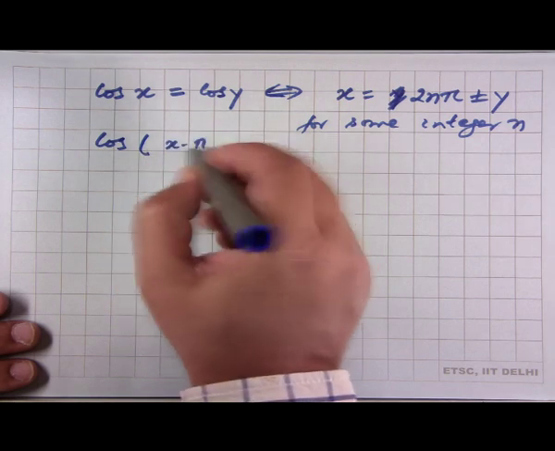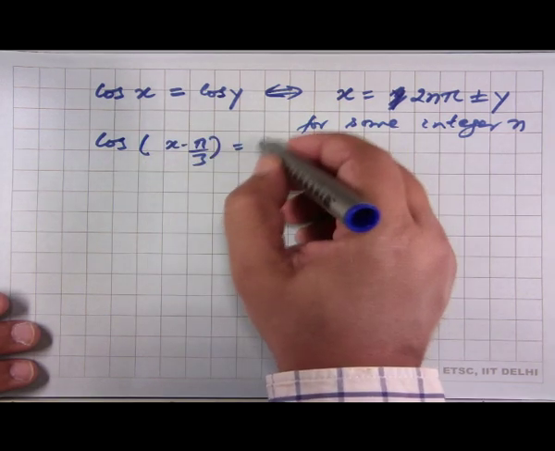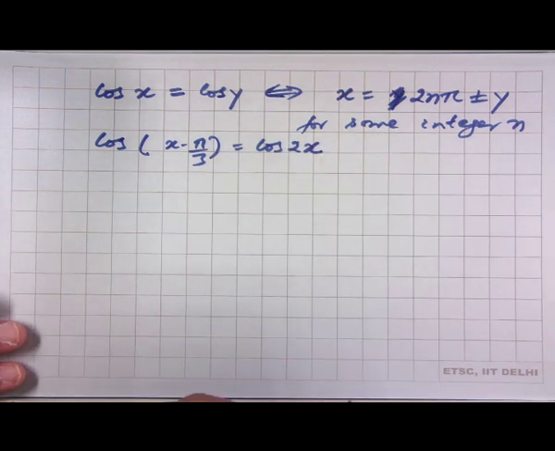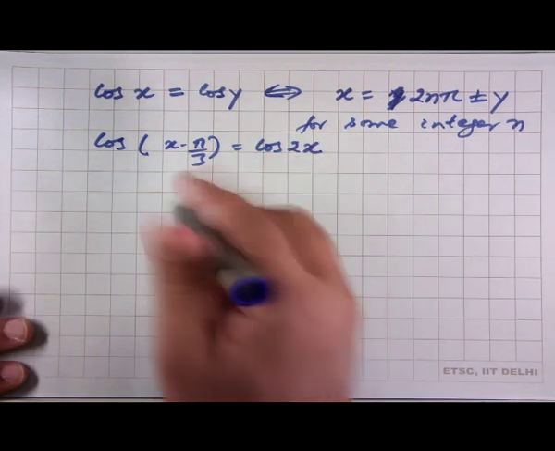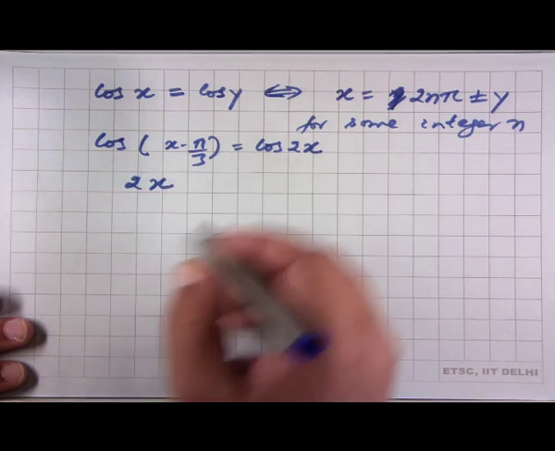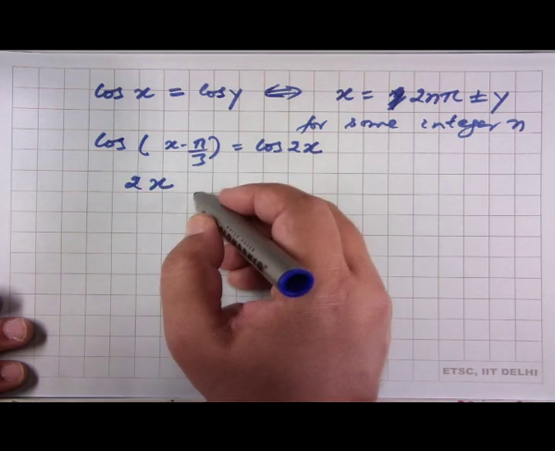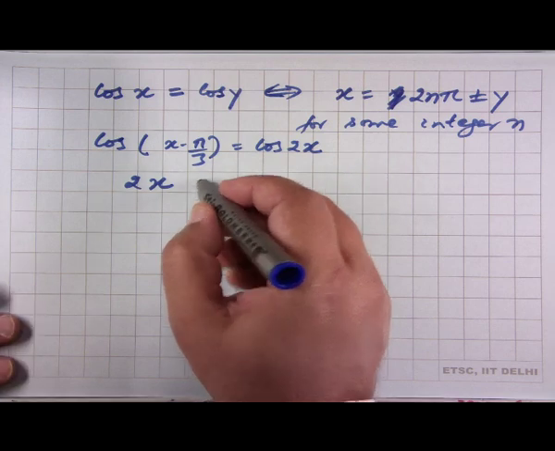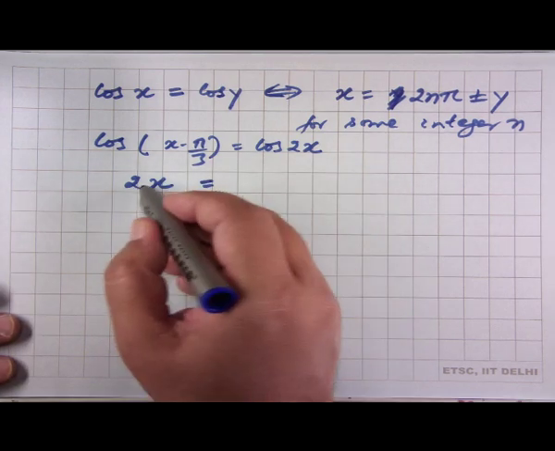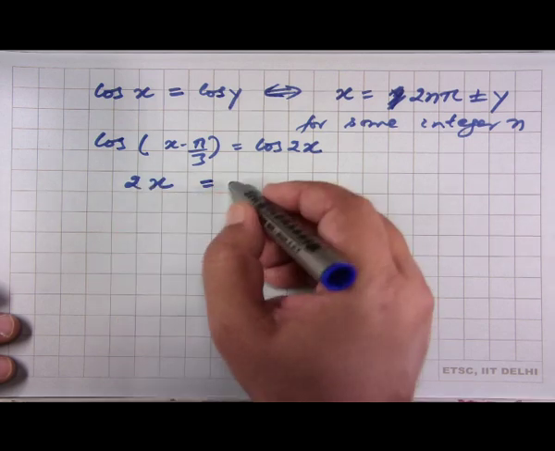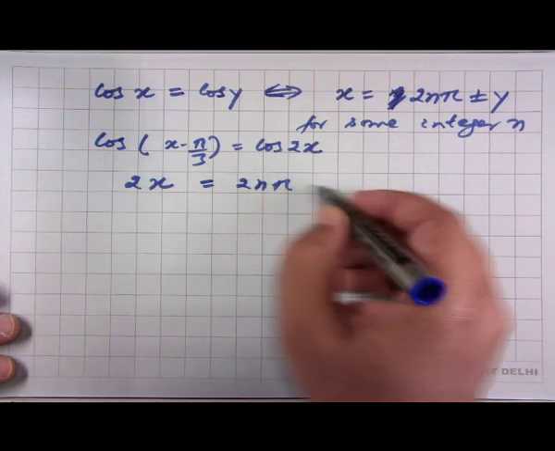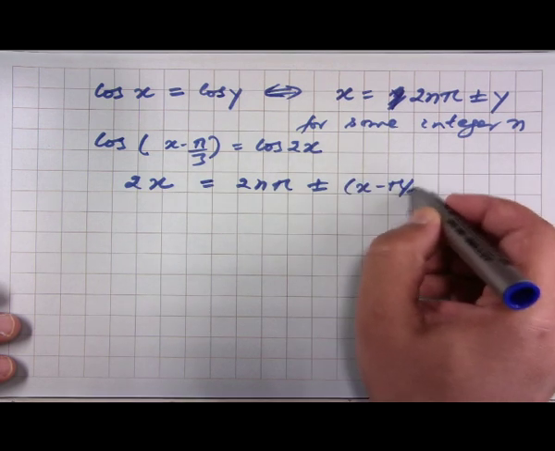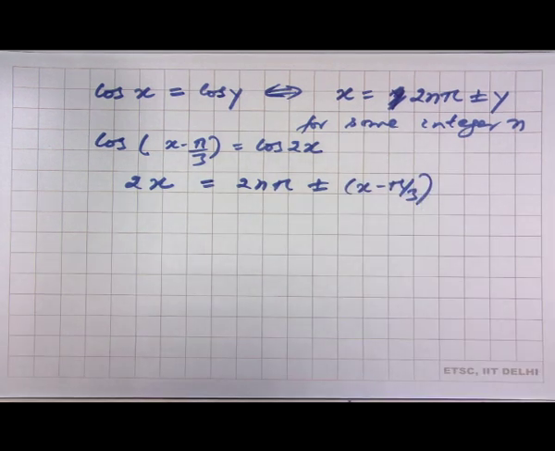and what we have here is that cos of (x minus pi by 3) is equal to cos of 2x. So essentially what it means is that this 2x must be equal to, we can write it either way. So this is what must be true.